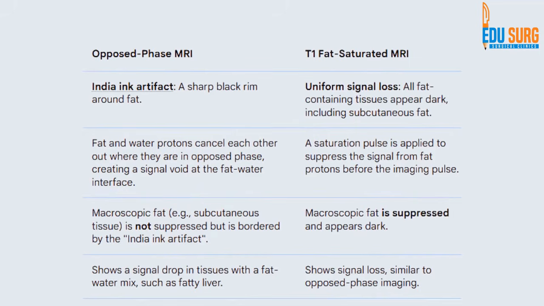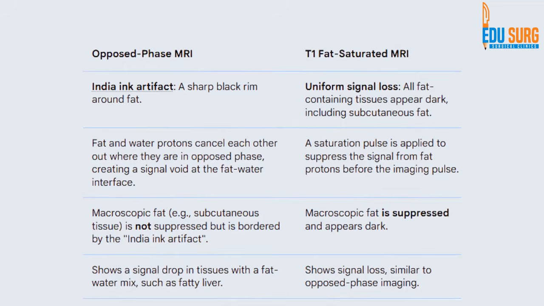Understand that opposed phase needs both water and fat. It is a microscopic event. It does not affect macroscopic fat. So wherever there is microscopic fat like fatty liver, that fat gets negated, but subcutaneous fat, where you have macroscopic fat globules, is not affected by opposed phase MRI.